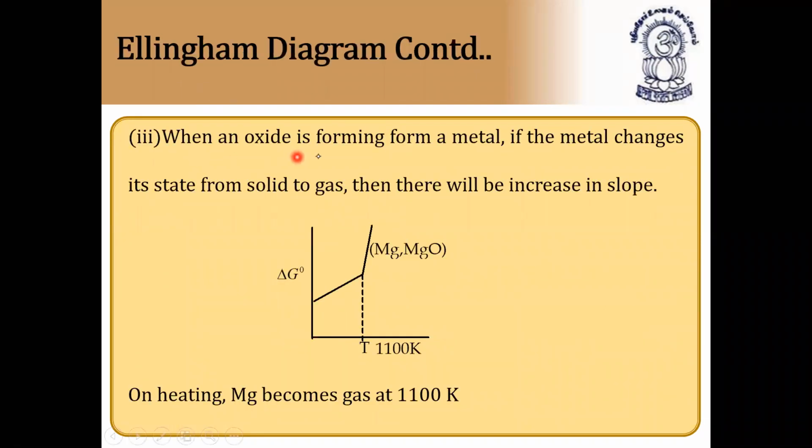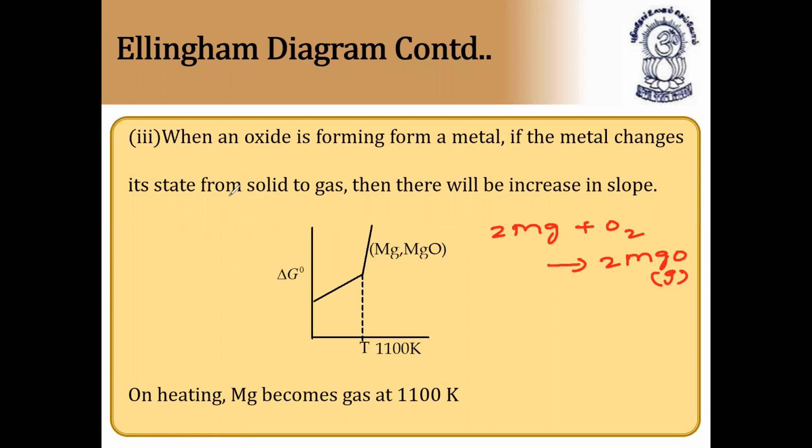When an oxide is forming from a metal, like magnesium changing to magnesium oxide, if the metal changes its state from solid to gas, then there will be an increase in slope. On heating, magnesium becomes gas at 1100 kelvin. You can write this: 2Mg plus O2 gives 2MgO.